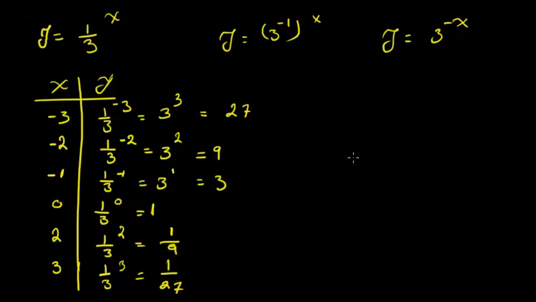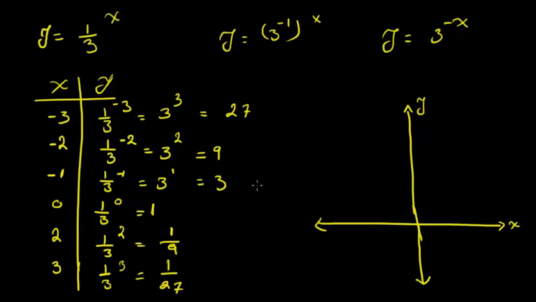Now let's plot this exponential decay function. Because the base is a positive number, we know that it's going to be on the upper part of the coordinate plane. So we can draw our coordinate axes like this, and this is our x-axis, and this is our y-axis.